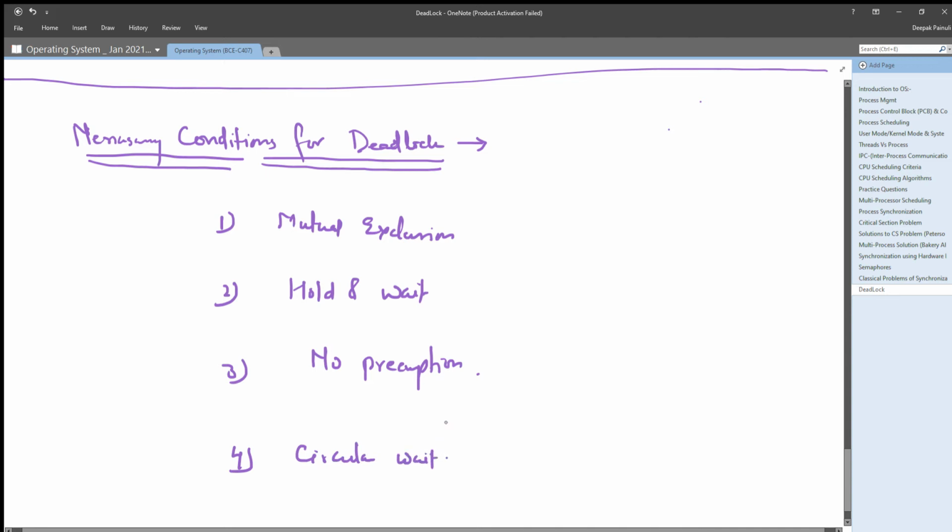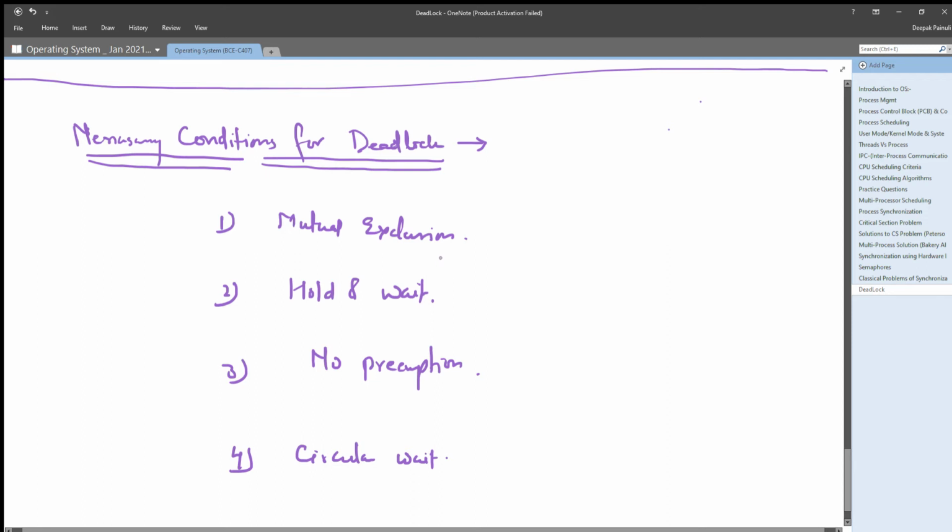So these are the four conditions. If they hold simultaneously, then we can say that there is a deadlock in the system. So what are these four conditions? First one is mutual exclusion, second is hold and wait, third is no preemption, and the fourth is circular wait. So what does it mean if the system is having mutual exclusion?